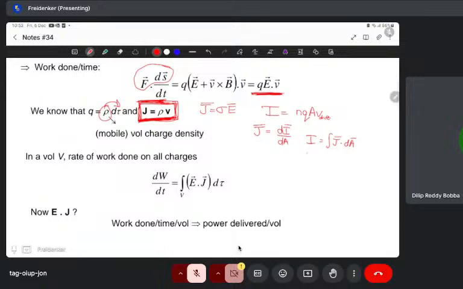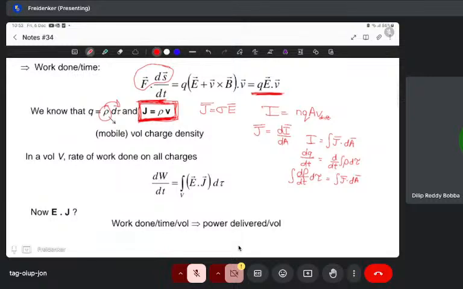And I is nothing but dq by dt, which is nothing but, no, I'm going to rediscover the continuity equation.